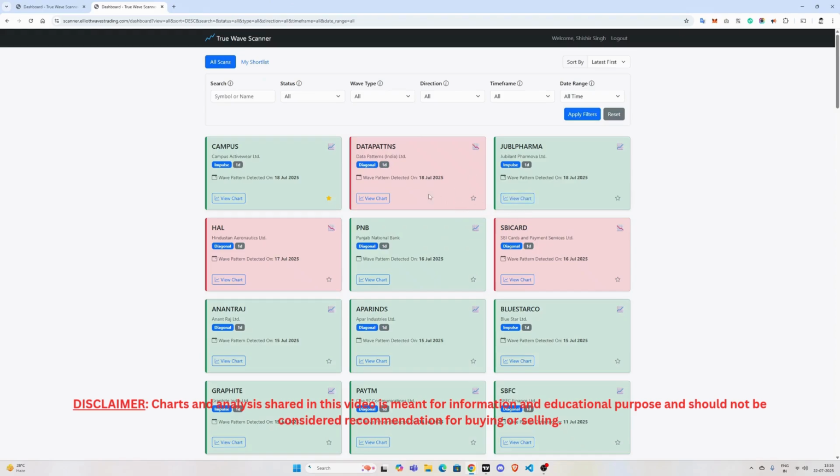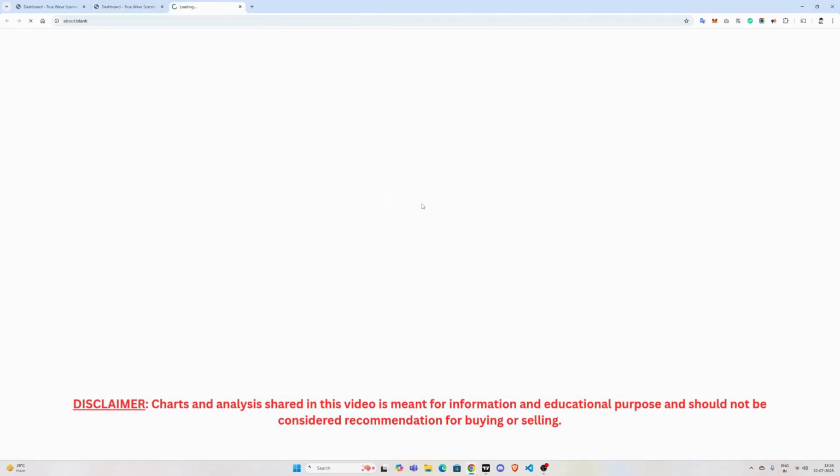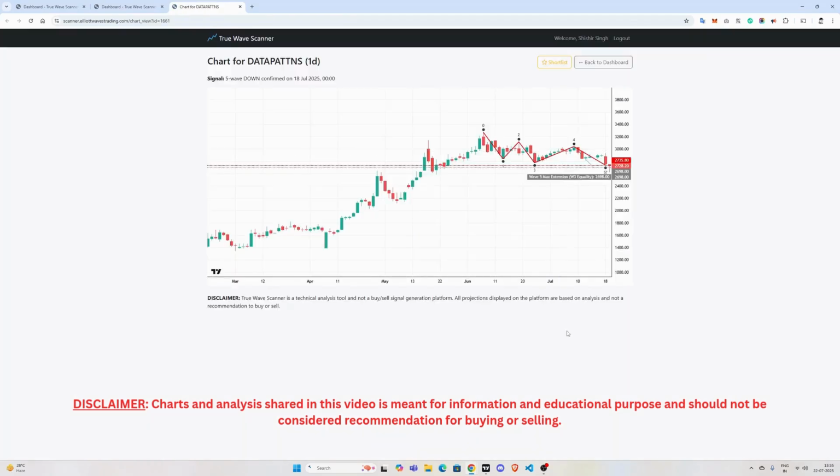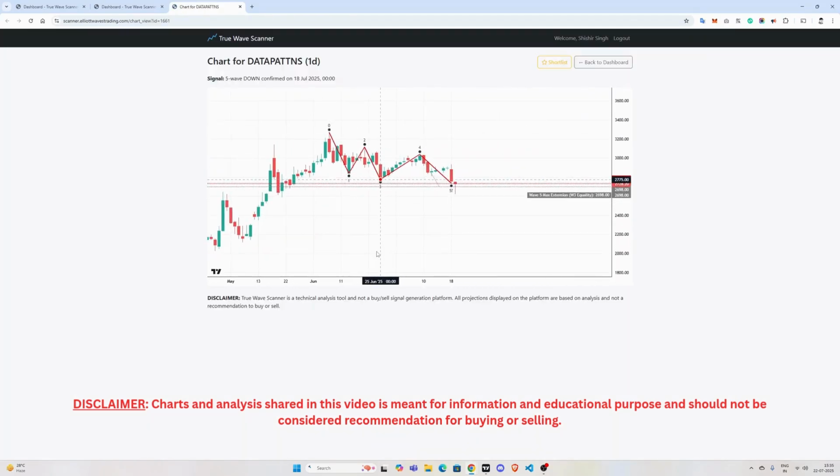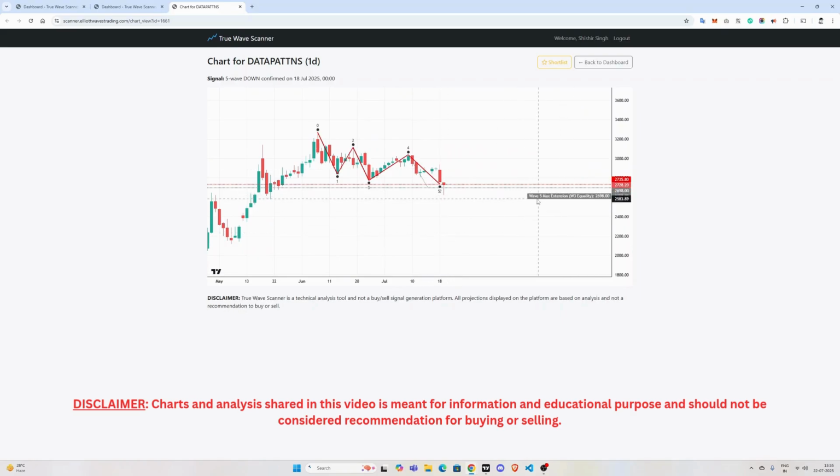Let's take a look at some other setups. Here also you can see the wave 5 projection. In this case, this gray line was the max possible extension and this has already been met, right? So there is nothing left in this.